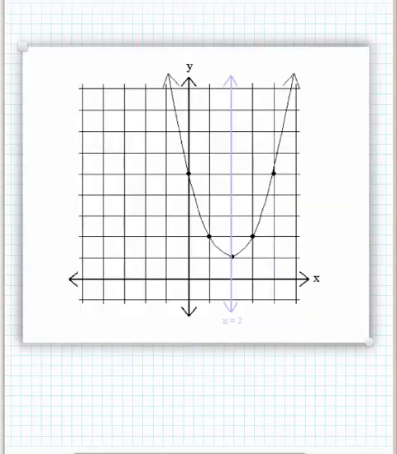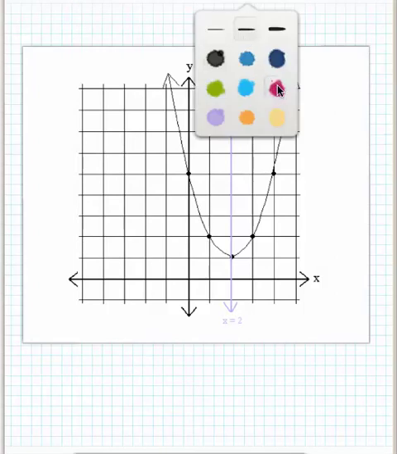Now let's look at this parabola over here. The question is asking us to locate the axis of symmetry, or to write down the axis of symmetry. I know it's sort of done for us, but let's have a look. We've got our parabola here, and our first step is to locate the turning point.